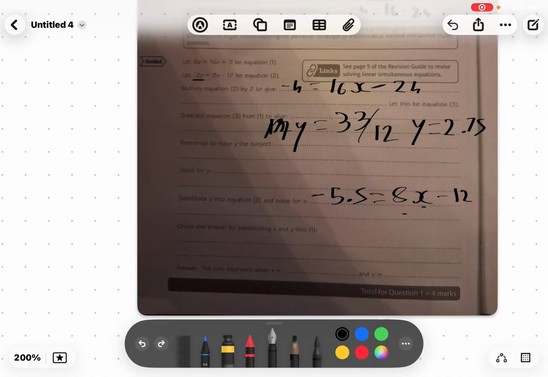This creates a positive 12 to this, which equals 6.5 equals 8x. Then we divide it by 8, and what we find out is x is equal to this. It's not the full number, I just made it. Basically, this is the number that we get, and y is 2.75. So this question is done.